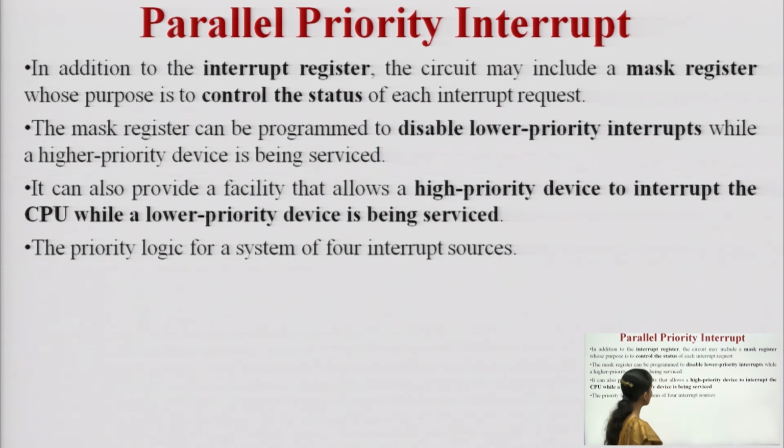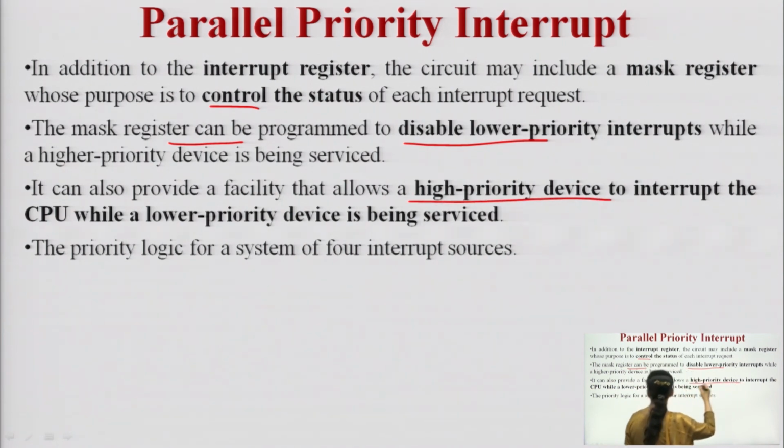So in addition to this interrupt register, the circuit has a mask register used to control the status of every interrupt request. This mask register can be programmed to disable the low priority interrupts. There should also be a facility that lets a high priority device interrupt the CPU while a low priority device is being serviced.